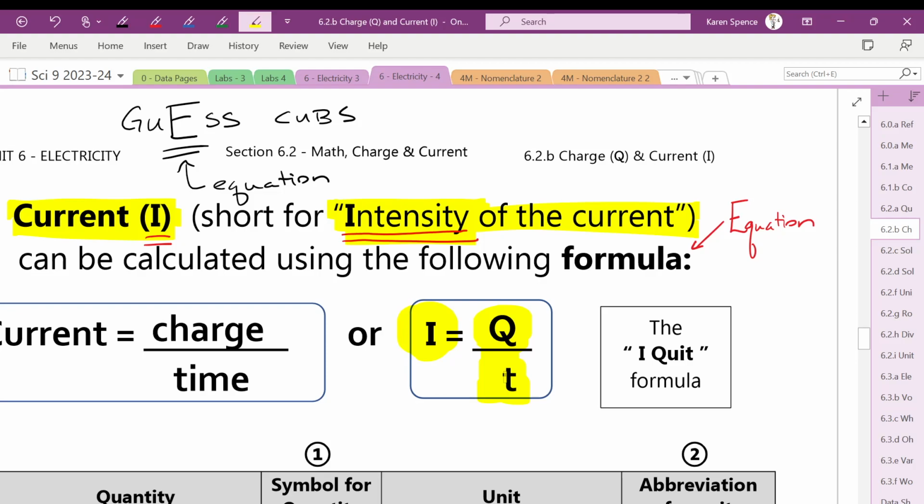Q is over T. So if you're interested in memorizing it, that's one way you can do it. I quit. And if you do it with the hand actions, it helps you remember that I is on the top, Q is on the top, and then T is on the bottom. But like I said, do you have to memorize it? No, because it is on the data sheet.